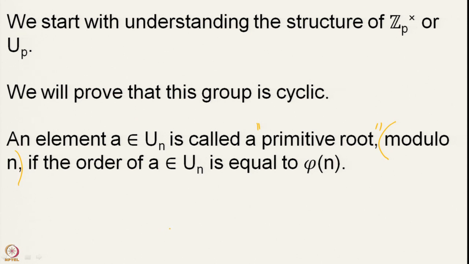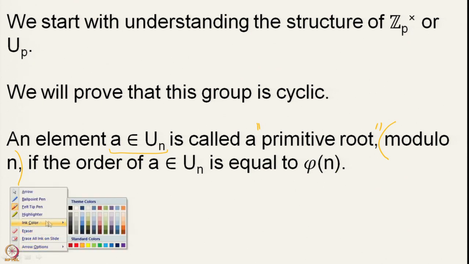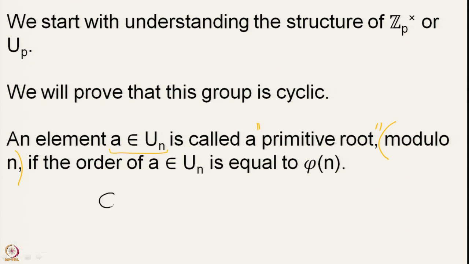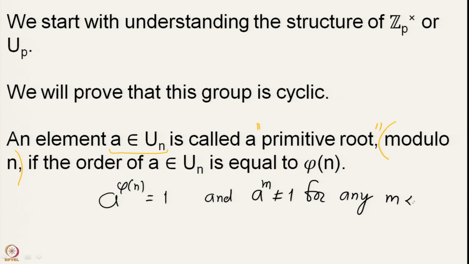So, we call this element a a primitive root if the order of a is equal to phi of n. What it means to say is that a to the power phi of n is equal to 1 in Un, and a to the power m is not 1 for any m strictly less than phi of n.